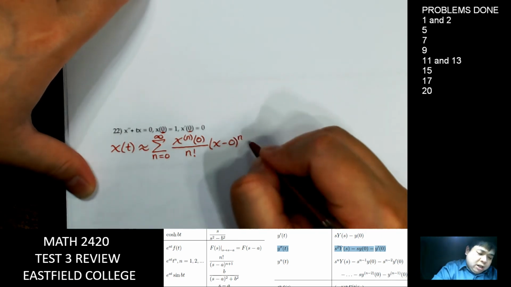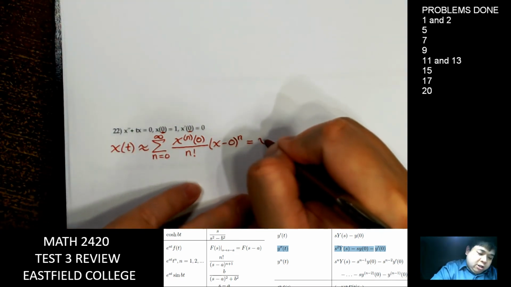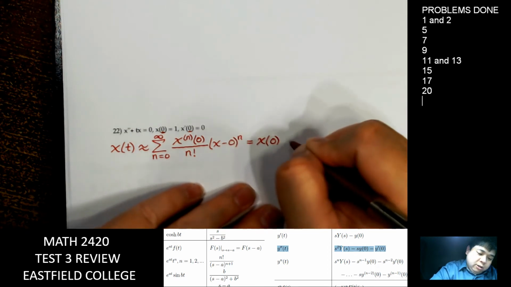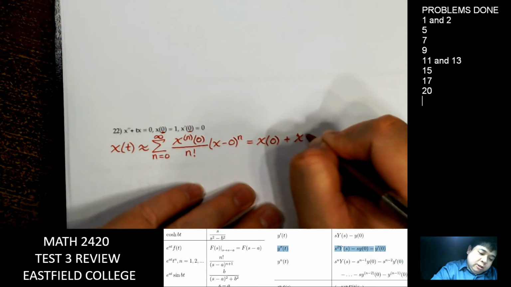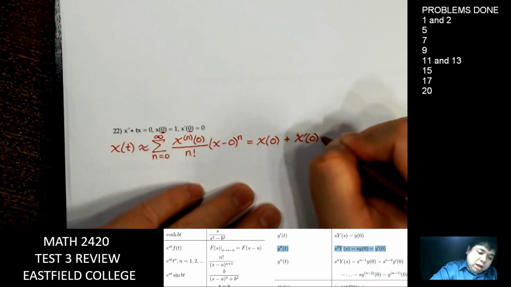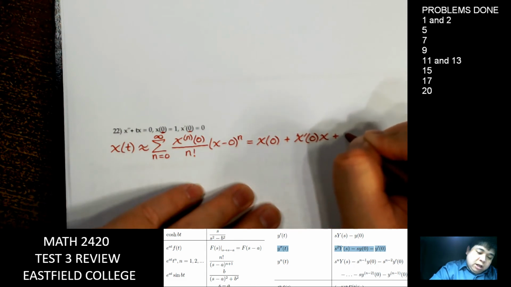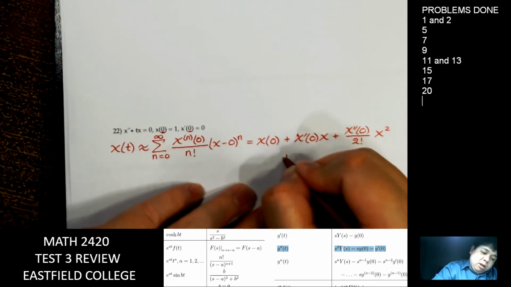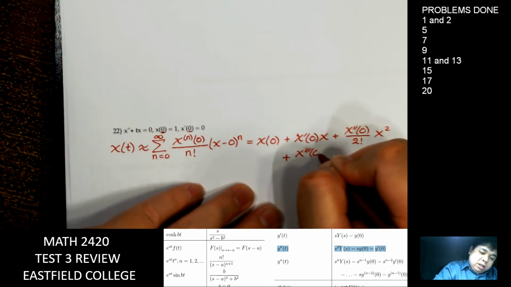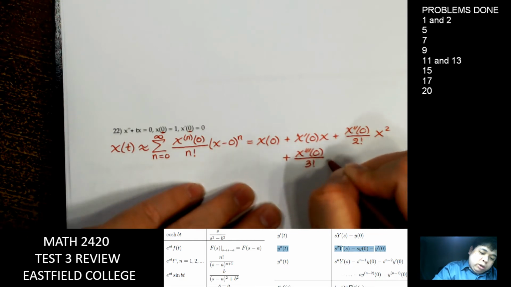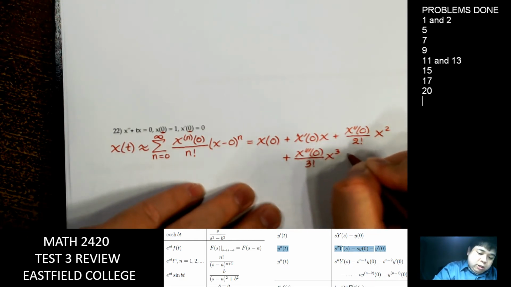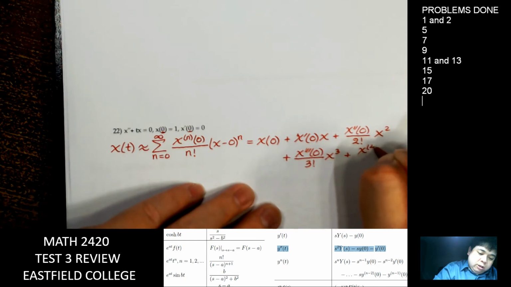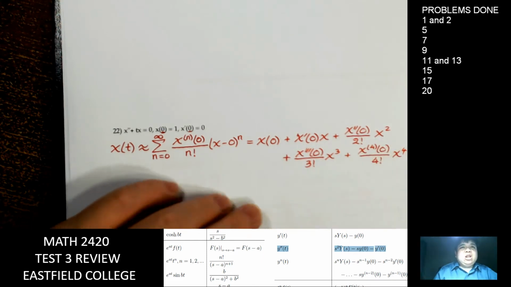If we write it out, it will be like this: the function at 0, plus the derivative at 0 times x, plus the second derivative over 2 factorial x squared, plus the third derivative at 0 over 3 factorial x cubed, and fourth over 4 factorial x fourth, and so on.